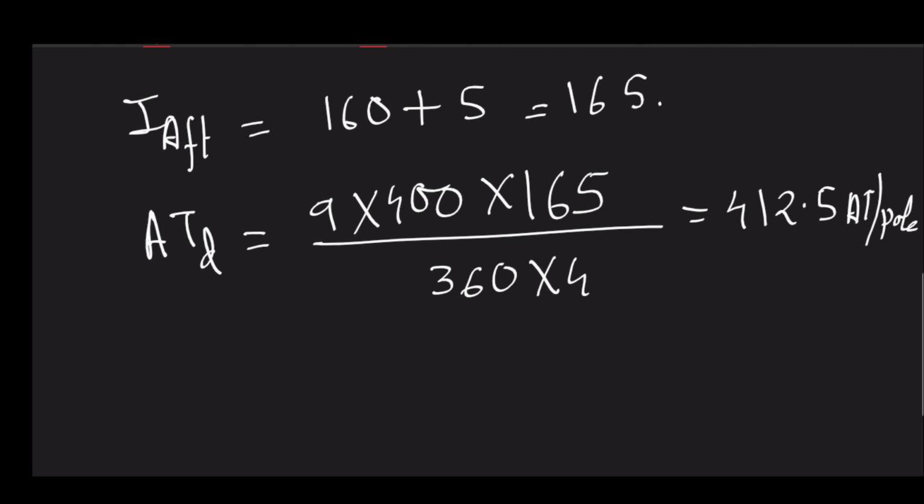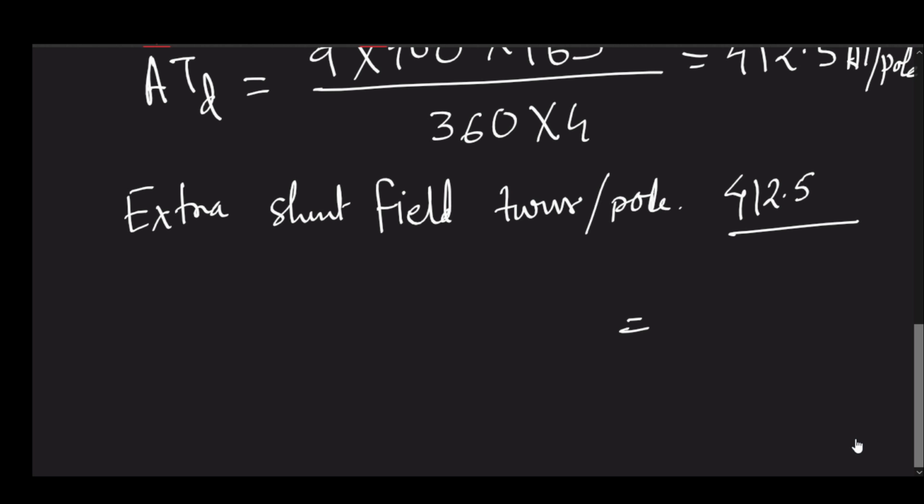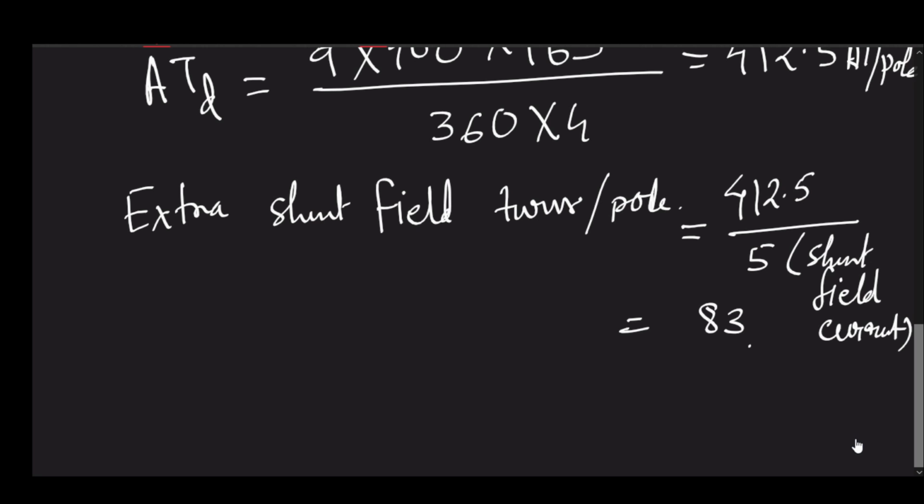So extra shunt field turn per pole will be 412.5 by 5, where 5 is the shunt field current. So that is equal to 83 turns extra required, right?